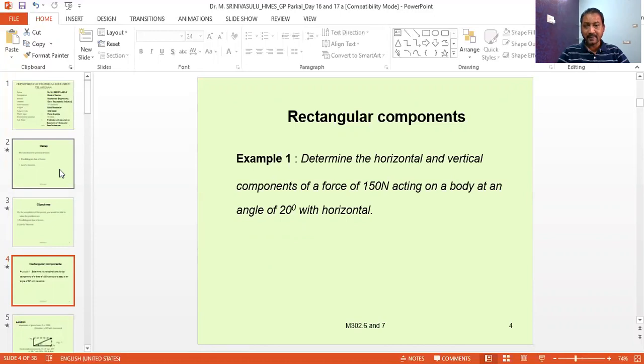So this is a problem on the components of the forces, that is, on the rectangular components. Now we'll take this problem.